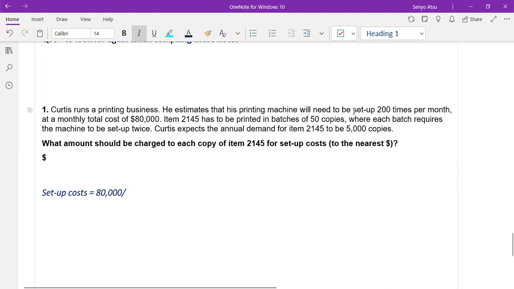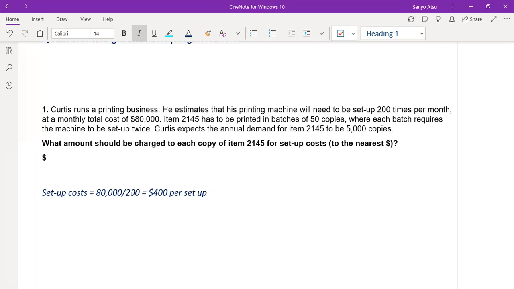You need to use judgment in PM here to determine that if in 1 month the total cost is 80,000 and you're going to set up the machine 200 times, then the absorption rate is $400 per setup of machines.